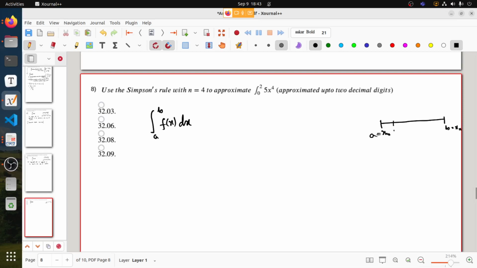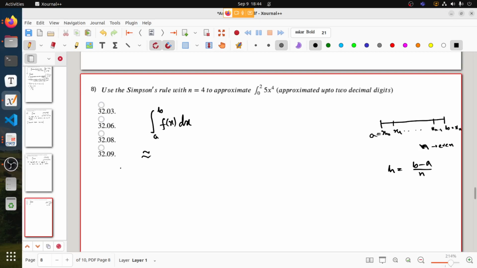So you have to do an even number of partitions, x1 up to xn minus 1, n is even. Then h here is the same, b minus a by n.